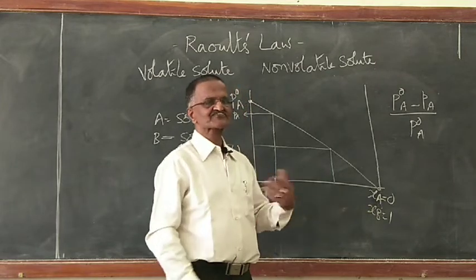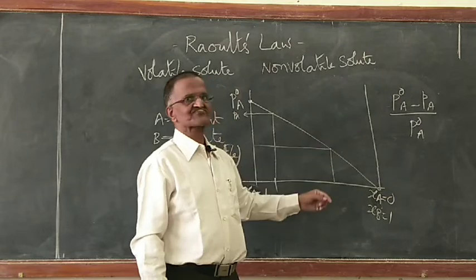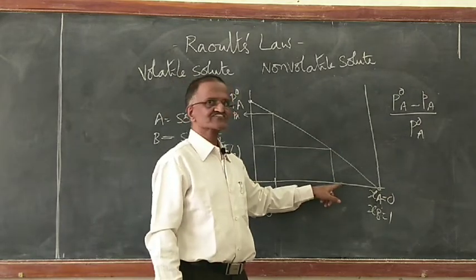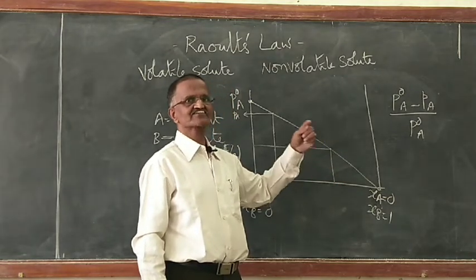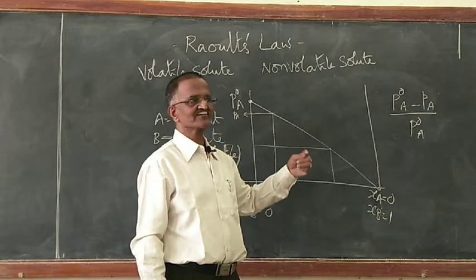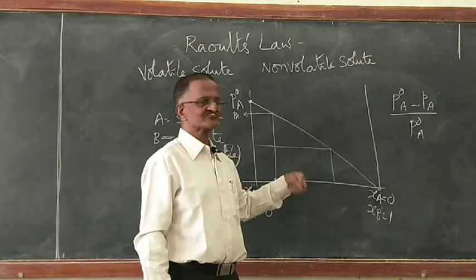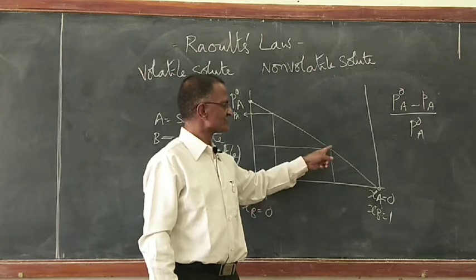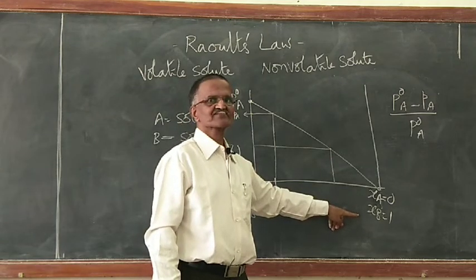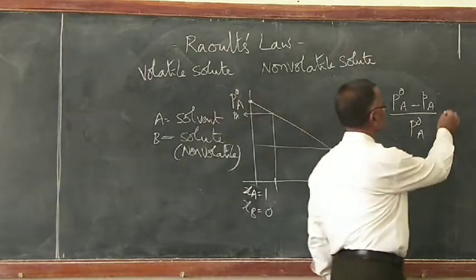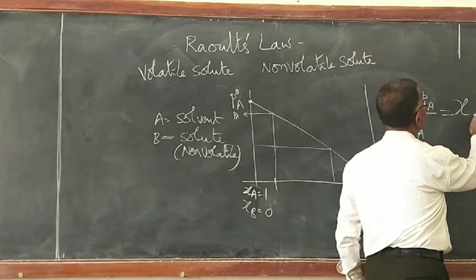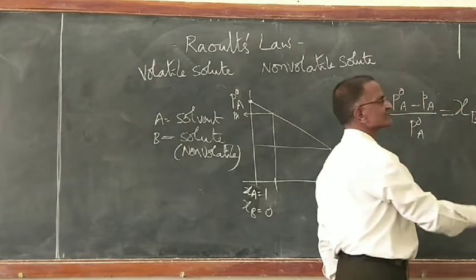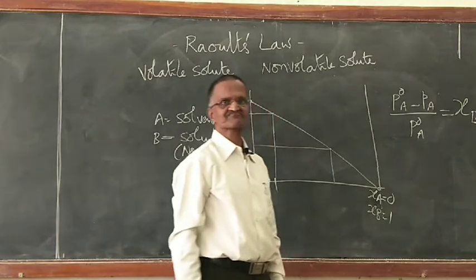The relative decrease in the vapor pressure of a solution containing a non-volatile solute is depending on the mole fraction. Then I say it is equal to the mole fraction of the non-volatile solute.